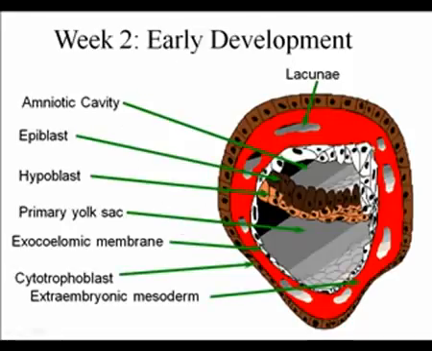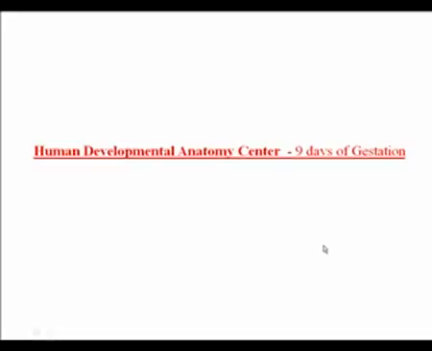The next stage of development at week 2 is that spaces begin to develop within the extraembryonic mesoderm. You notice the extraembryonic mesoderm surrounding the embryo with its epiblast and hypoblast, the amniotic cavity, and the primary yolk sac.